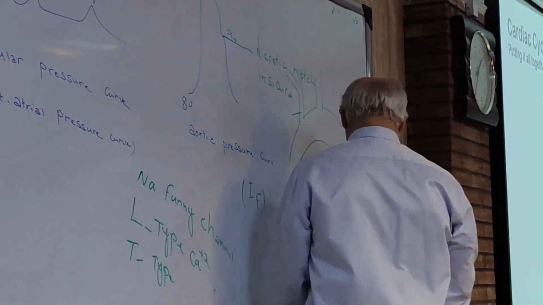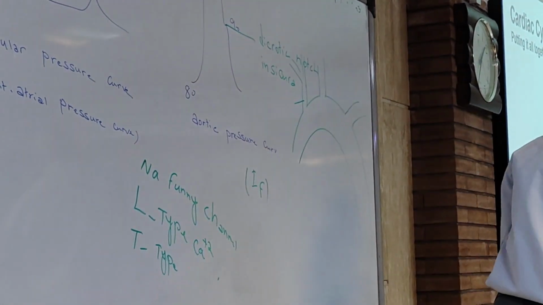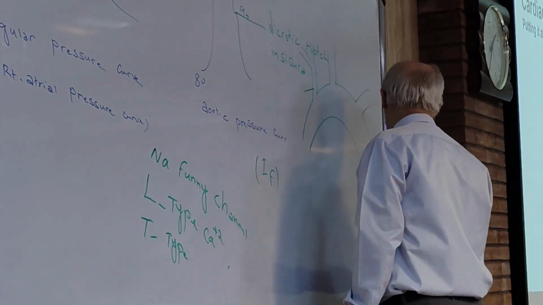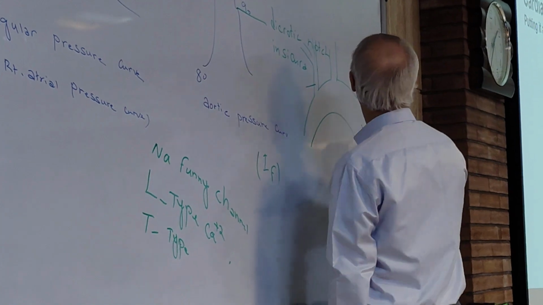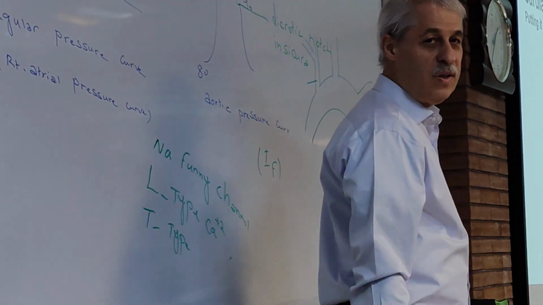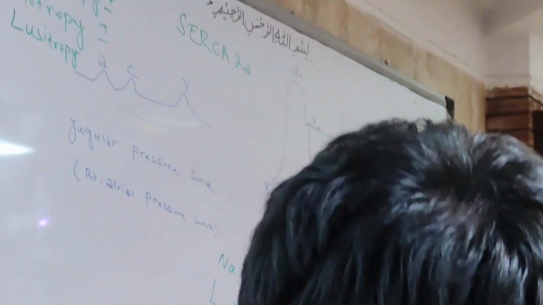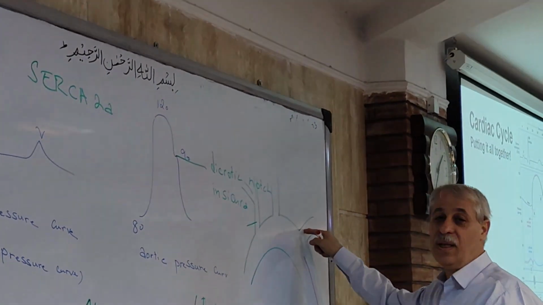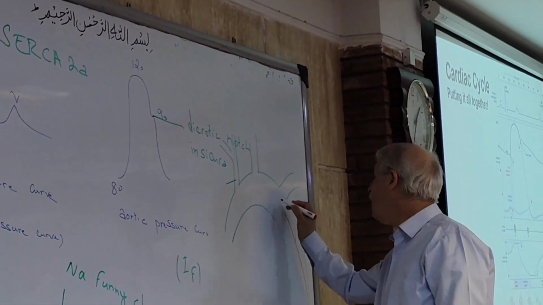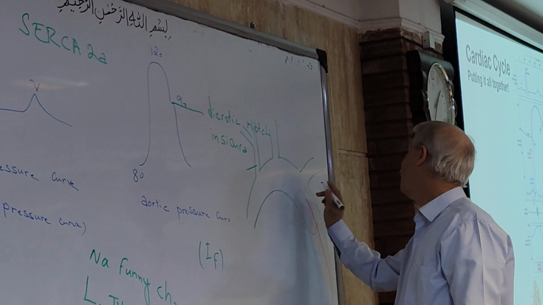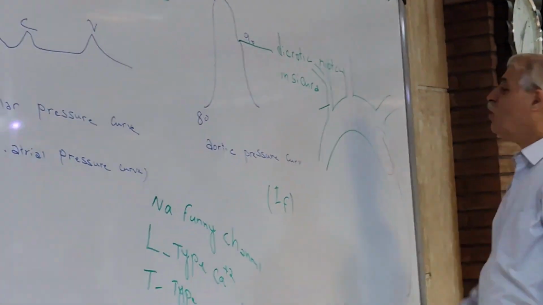If you introduce a balloon from, for example, the right or left femoral artery into the aortic root, near the origin of the subclavian artery, and inflate it during diastole.